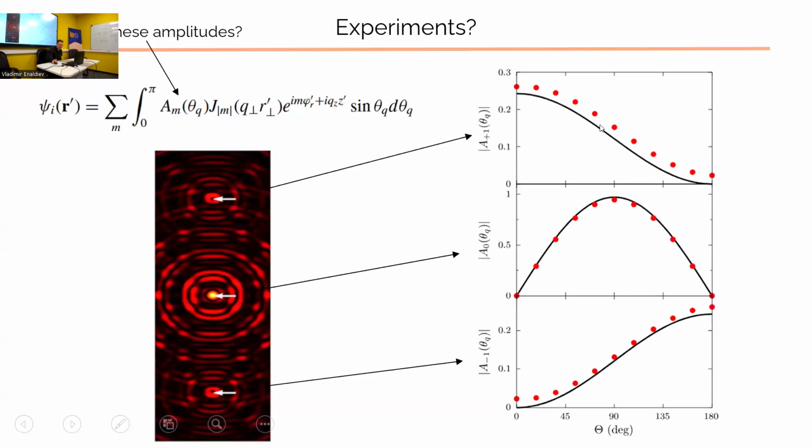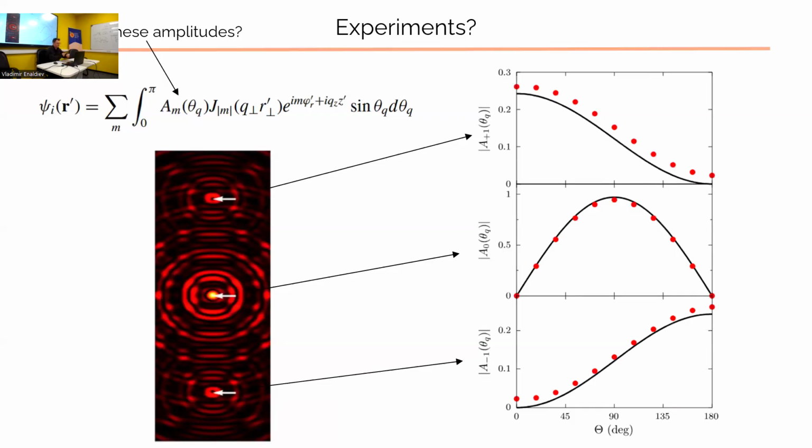Here is our dream about the experiment. The solid line is the exact values of AM for some atom, and dots are AM extracted by this picture. Okay, so we believe that some of these ideas can be used in real experiments in future.